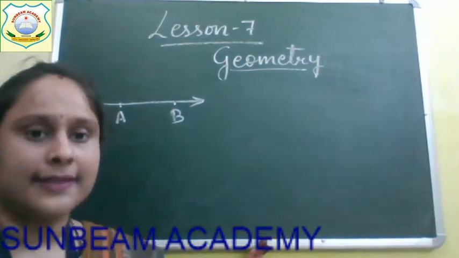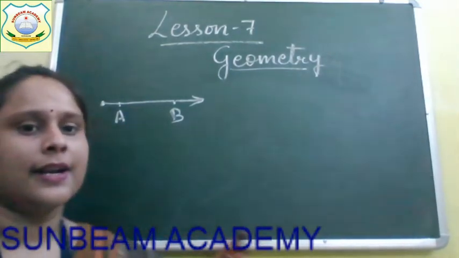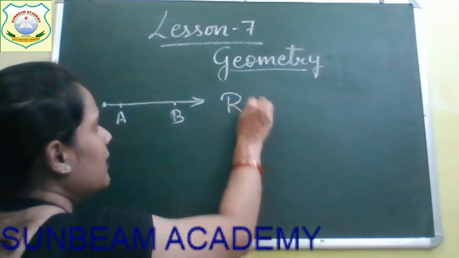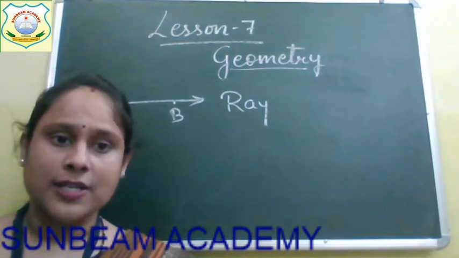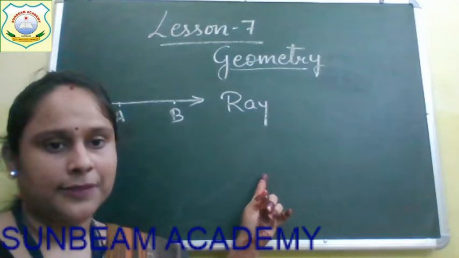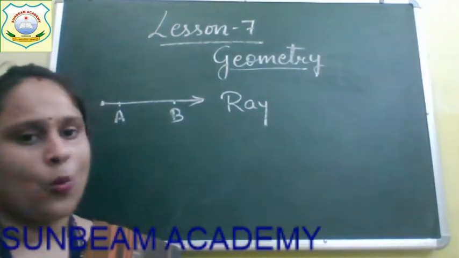This is known as a ray, where it has one end point and it can be extended in one direction. So a ray can be extended in one direction. A line can be extended in both the directions, but a ray can be extended only in one direction. Okay, it has one endpoint and it can be extended in one direction.